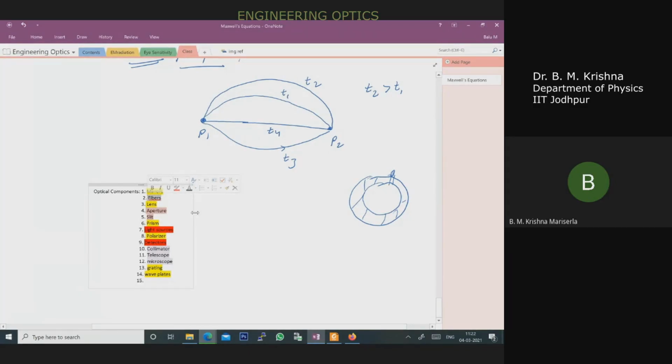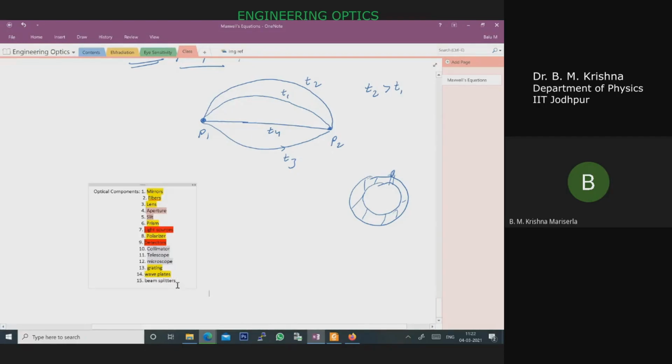Sometimes people also call it one of the optical components. Depending upon the design, you can call this one of the optical components also. So the yellow ones, I made as optical components, and there are a few more, like beam splitters.